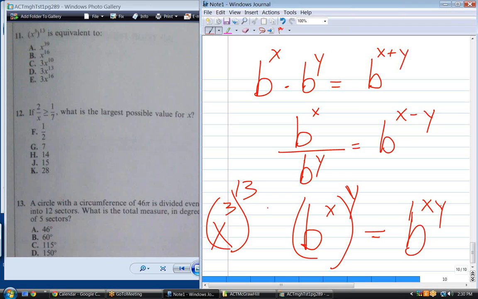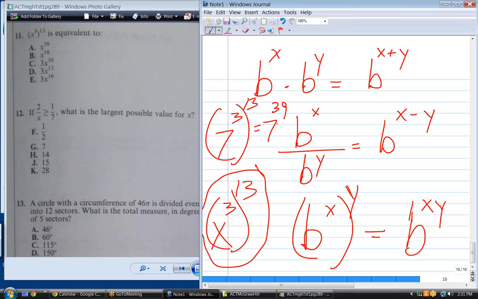In other words, the x is the 3 and the y is the 13. So whenever you have this situation, you're going to multiply exponents. And it doesn't matter whether this is an x, a b, a 7. In other words, if I had 7 to the 3rd to the 13th, that's 7 to the 39th.